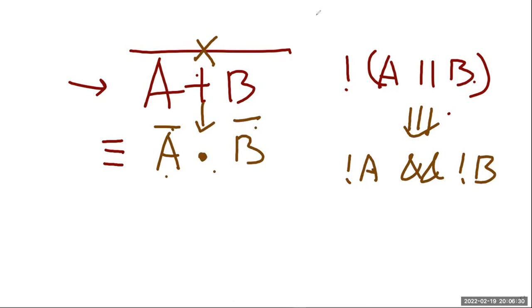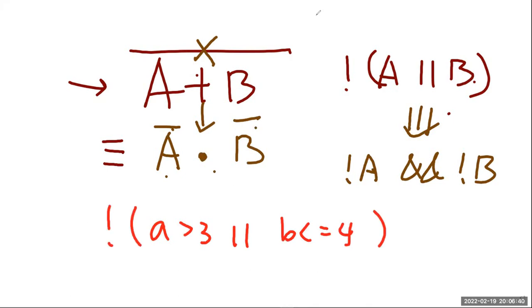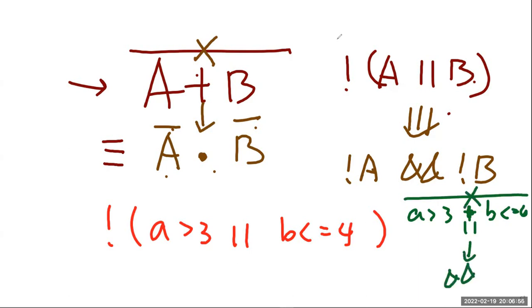Let's try a real example. Here we have A greater than 3, or B less than or equal to 4, with the whole thing under a not operator. You take the bar, break the bar, and change the or to and.